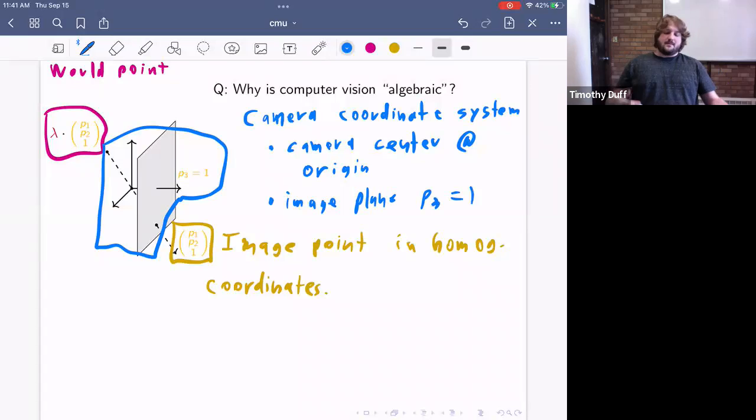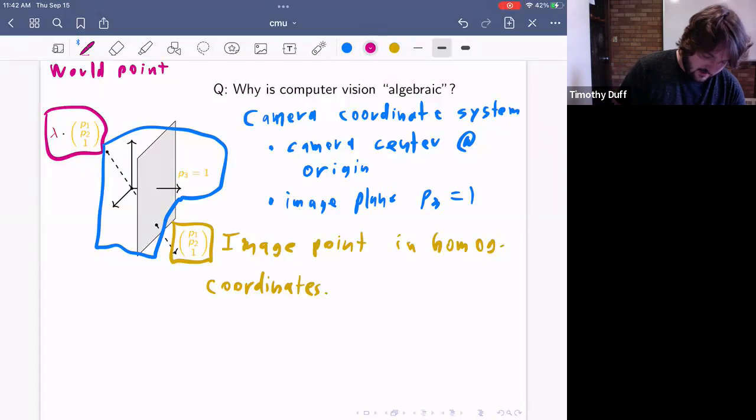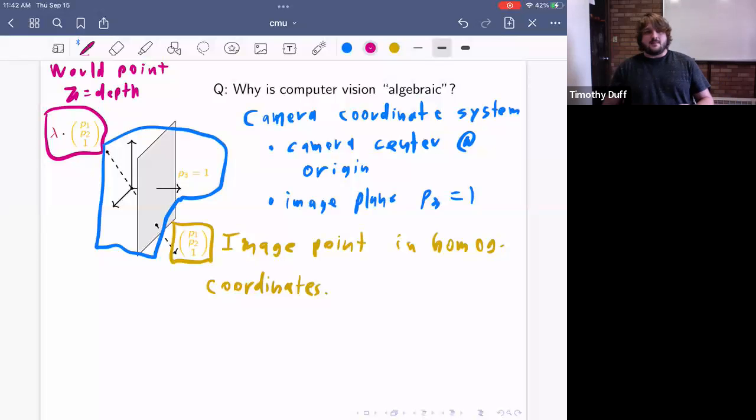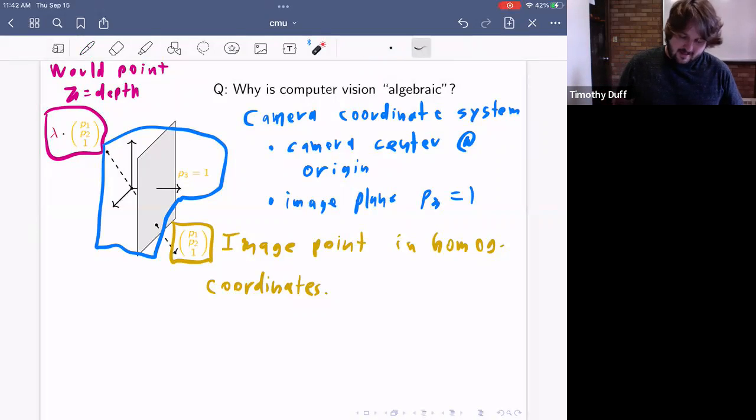And so this is projection through a point onto a plane, and the choice of coordinates is what allows me to say that the world point is some scalar lambda times this image point. And lambda I would call the depth of the point in the image. So these are just the components of the pinhole camera model, just to fix some terminology.